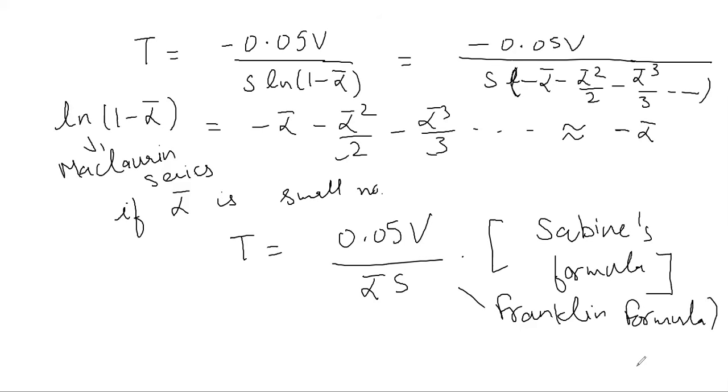So for smaller values of absorption coefficient, if you calculate your reverberation time either by using Sabine formula or by Eyring formula, you will get similar results. But as your absorption coefficient starts to get higher, you will observe a difference in the calculation of reverberation time from Sabine formula and Eyring formula.